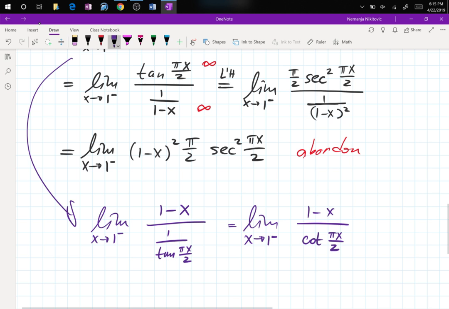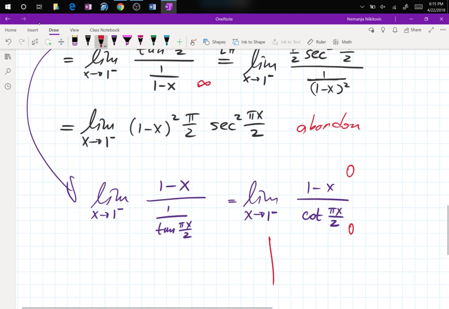So now when I check, I transform this, right? When I plug in 1, I get a 0 here, and now I have a cotangent of pi x over 2. Cotangent of pi over 2 is 0.